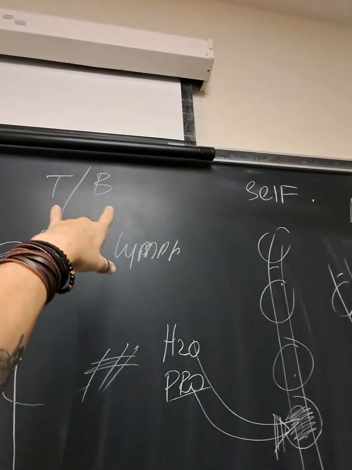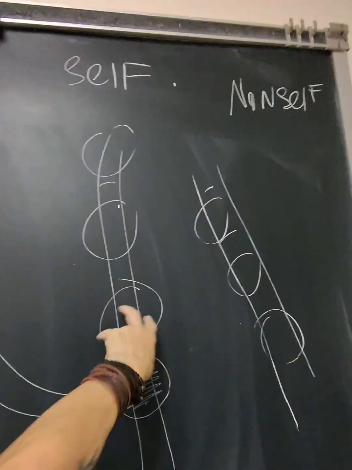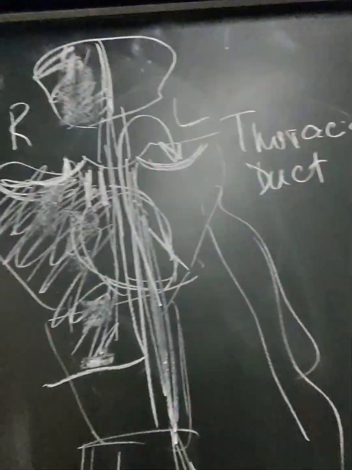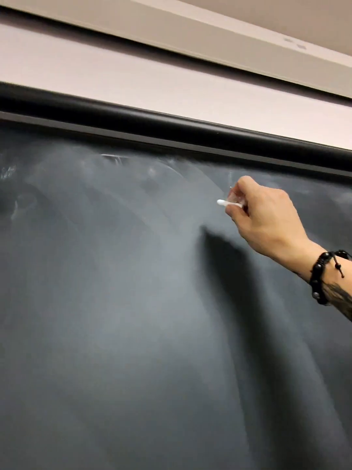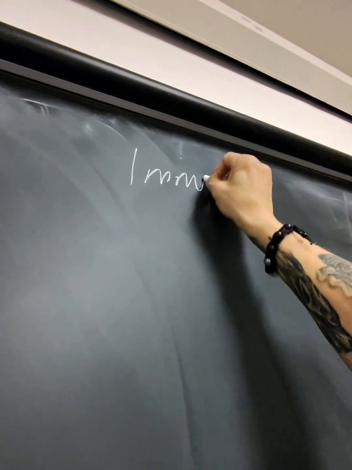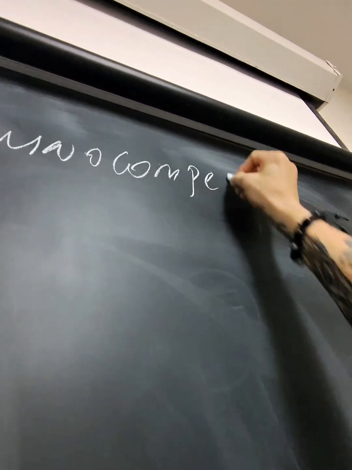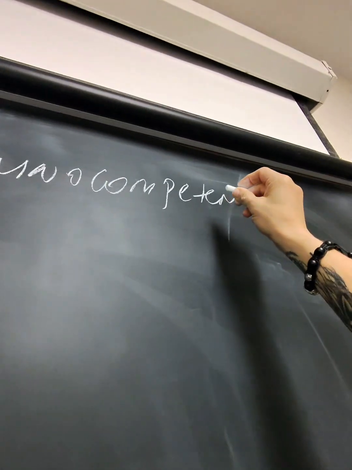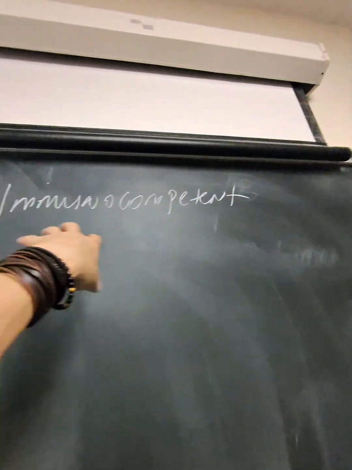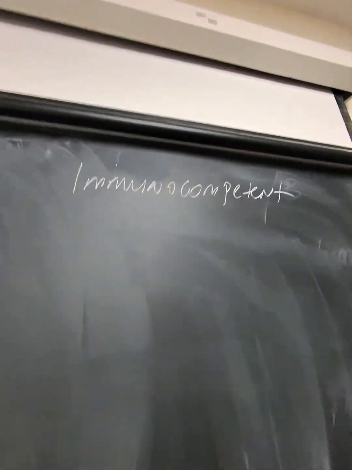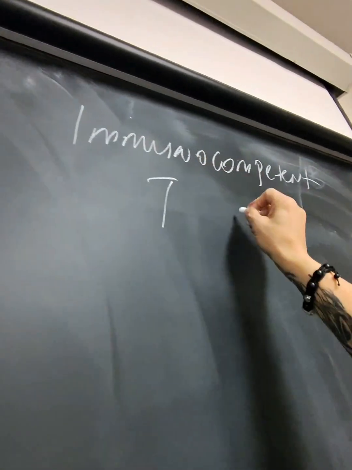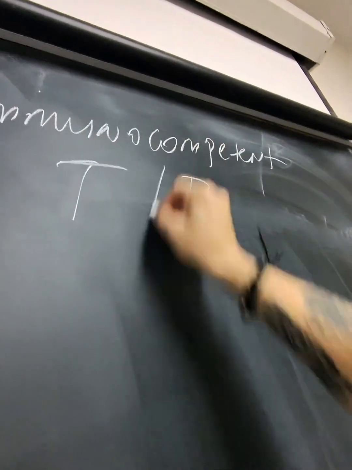Now let's talk about T cells and B cells and the lymph nodes. So let's talk about immunocompetence. I'm sorry if I made a spelling mistake. So there are T cells and B cells.